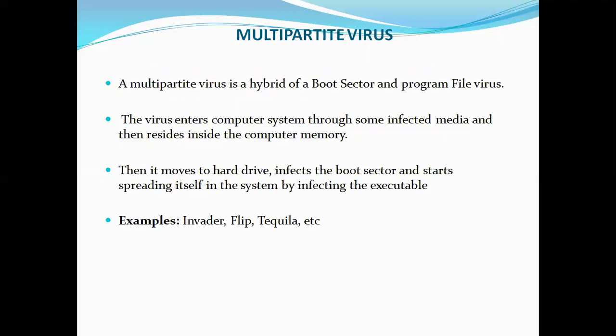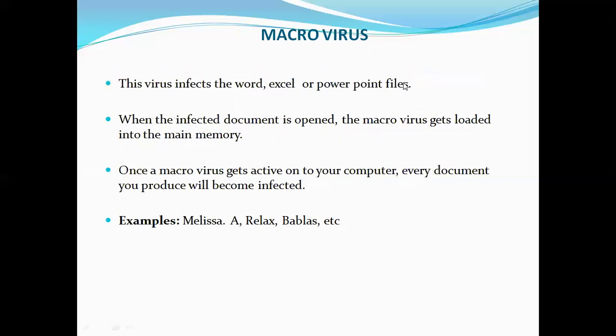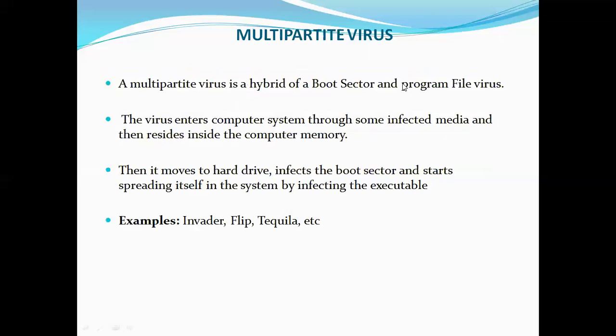Next is multiparasite virus. What do you mean by multiparasite? Multiparasite virus is a hybrid of a boot sector and program file virus. It is a hybrid, meaning a combination of boot sector and program file virus. This kind of virus first enters the computer, and when our computer boots or gets started, it becomes active and infects the boot sector.